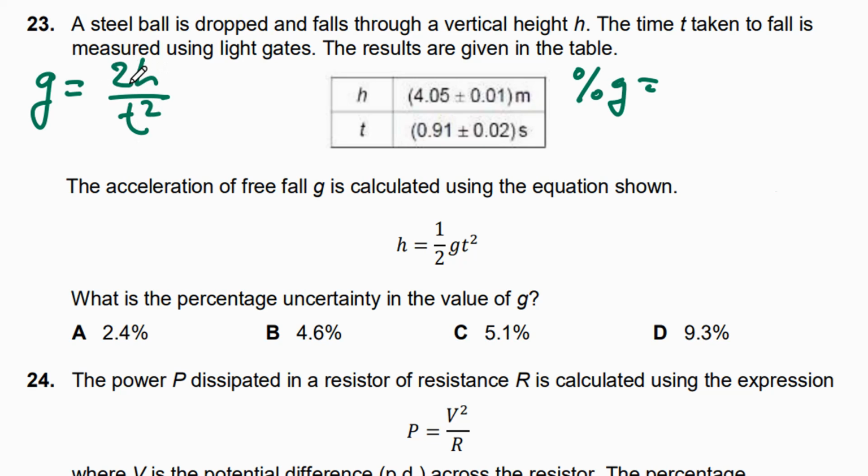We can ignore the 2 here because it's just a constant. So then the percentage uncertainty in G will be the percentage uncertainty in H plus the percentage uncertainty in T.